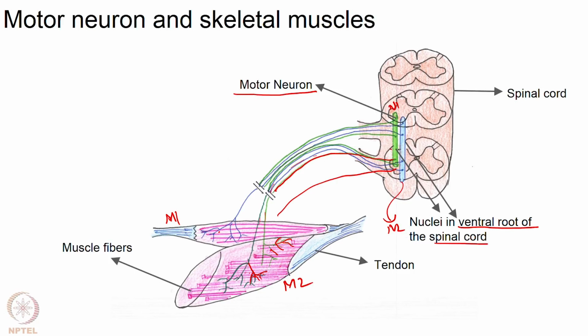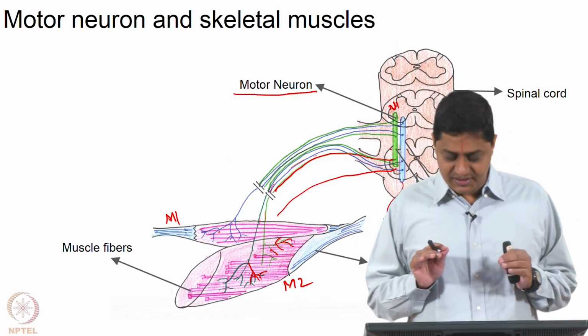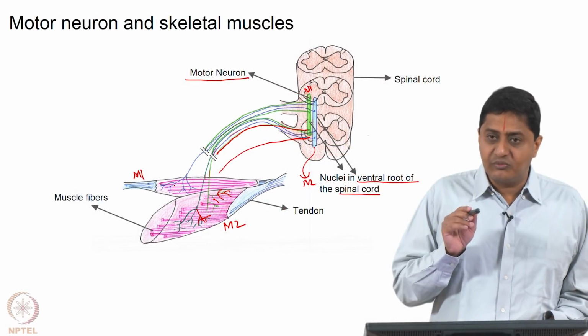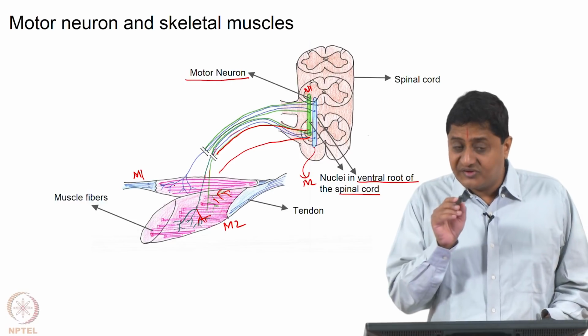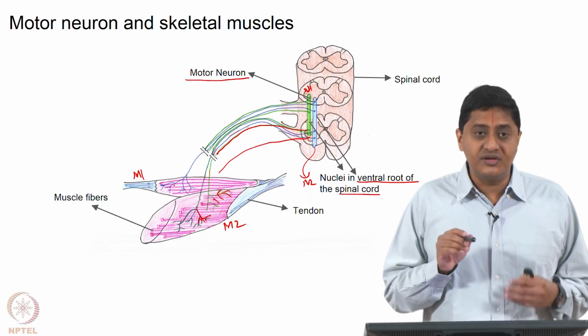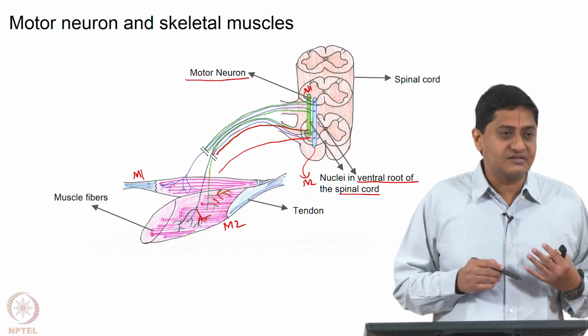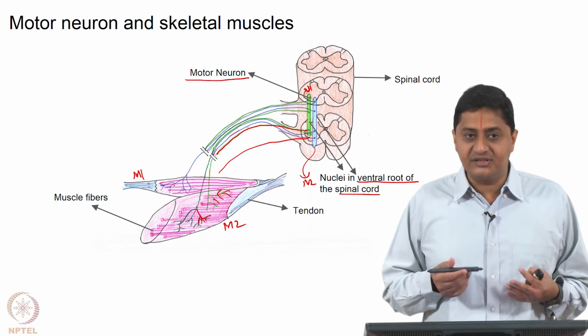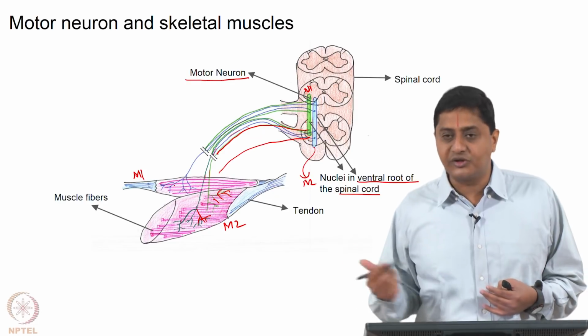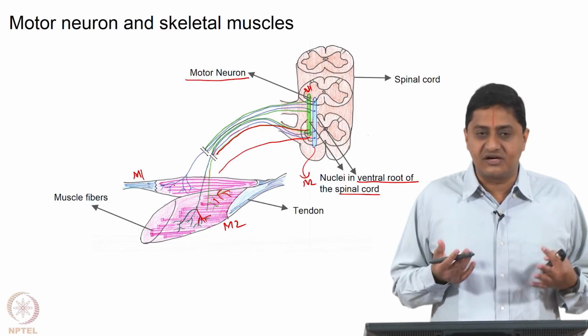It turns out there is also not necessarily any topographical arrangement of motor units versus muscle fibers. In other words, in the usual case, muscle fibers innervated by different motor units are found to be neighbors to each other. So, if one muscle fiber is contracting, there is no necessity that its neighbors are also contracting. It is possible that its neighbors are innervated by a different motor unit and that motor neuron is not firing.